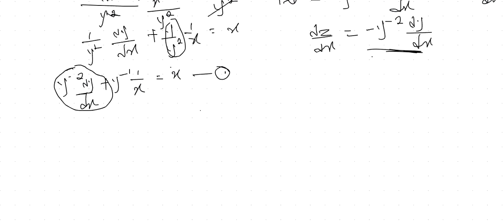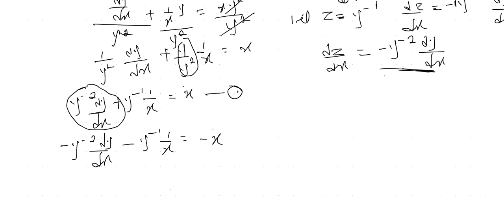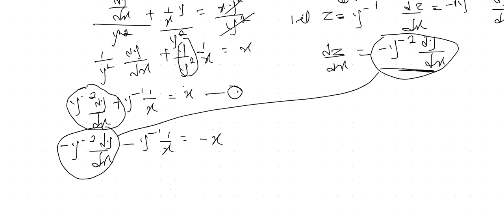It's going to be minus y raised to the power of minus 2 dy/dx, then minus y raised to the power of minus 1 over x, which is equal to minus x. After the transformation, you notice that this one is looking like this one, which means that you are going to replace it by dz/dx.